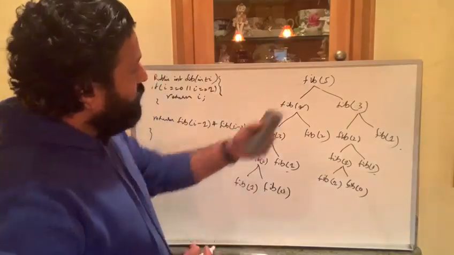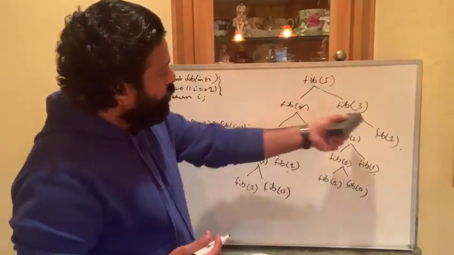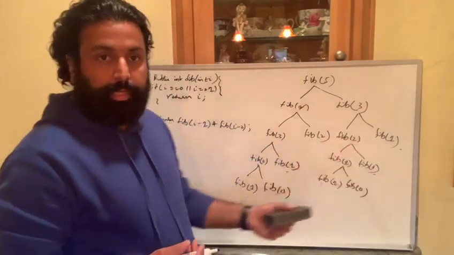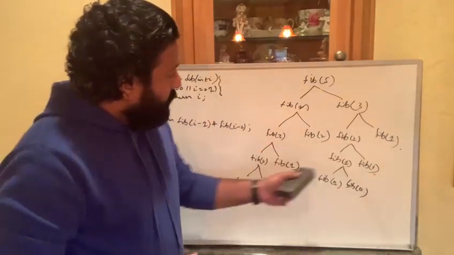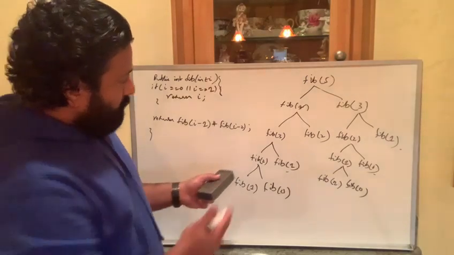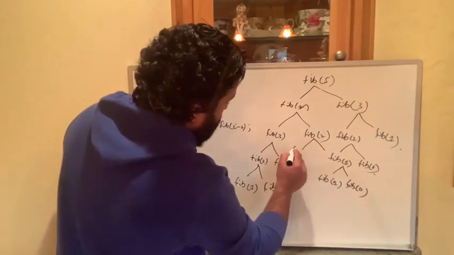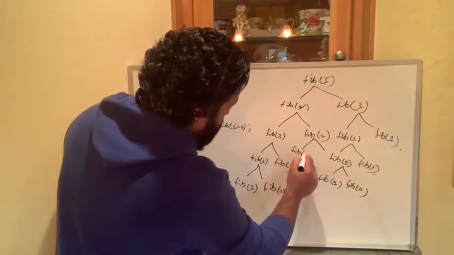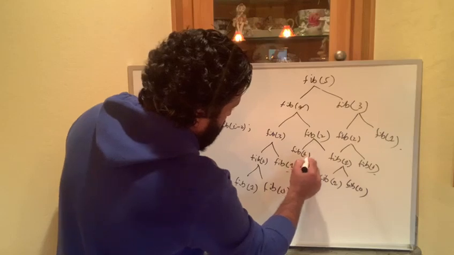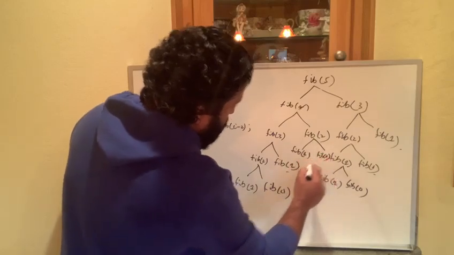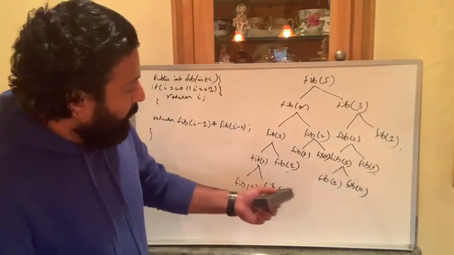If we look at this, the root has 2 children. And these 2 children have 4 grandchildren. And these 4 grandchildren will have 8.